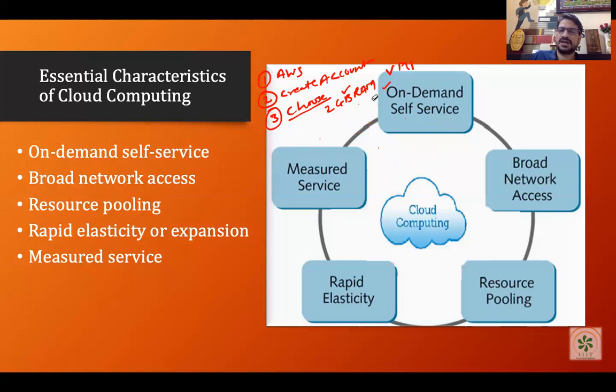It means that the cloud service provider will not interfere in creating all those things. They will just configure the cloud computing infrastructure and create the interface in such a way that I can use those interfaces very easily, and I can create my own infrastructure.